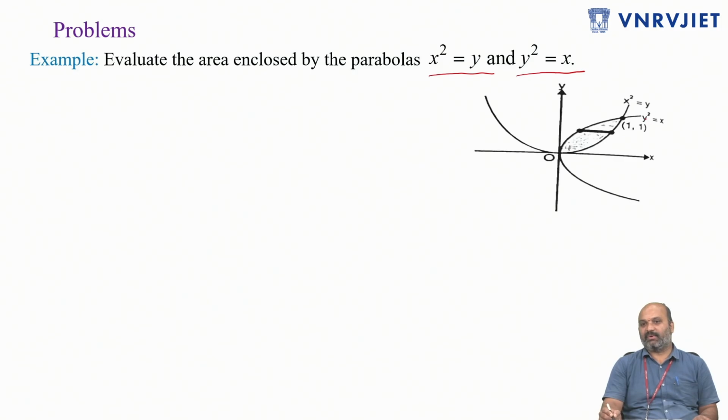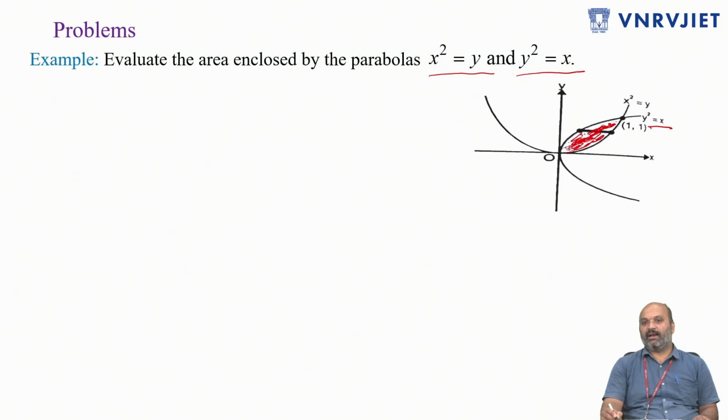This is the parabola y squared equals x, and this is the parabola x squared equals y. The region is bounded by these two parabolas, so the common region to the two parabolas is this region.